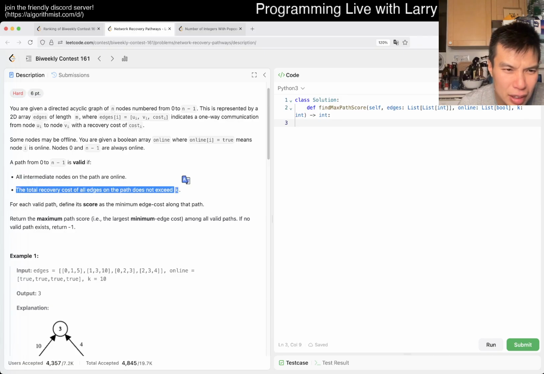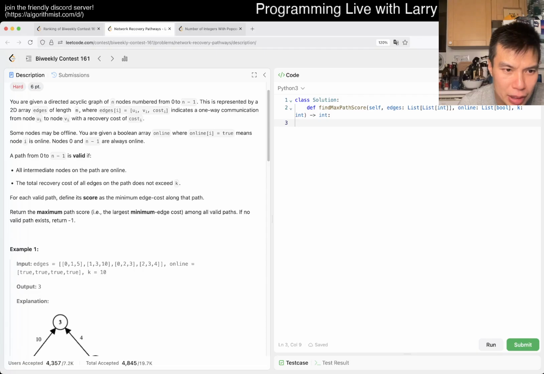You find the total recovery cost is less than K, the amount of cost of the minimum edge, its score is the minimum edge cost along that path. Return, what the, man, there's so many layers. Return the max path score, the largest minimum edge score, okay. The recovery cost of all edges, the total recovery cost is the minimum edge cost.